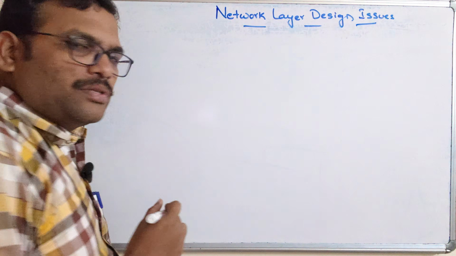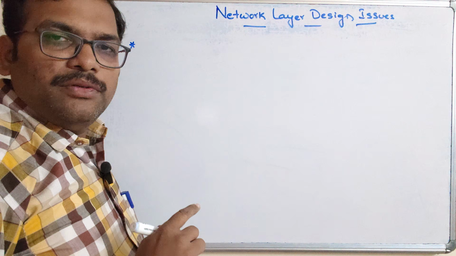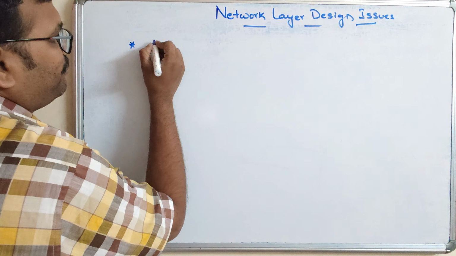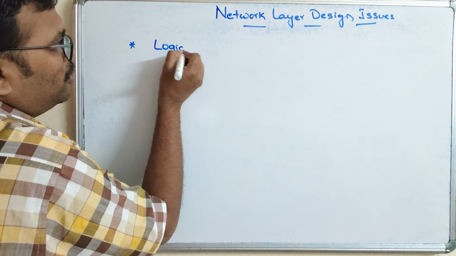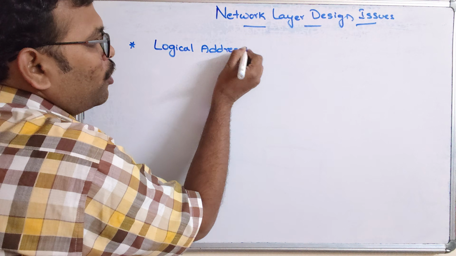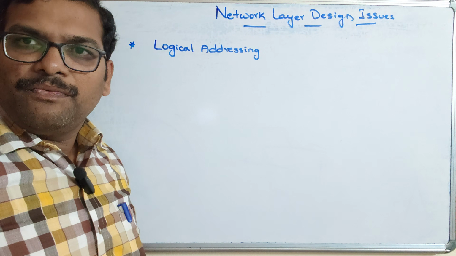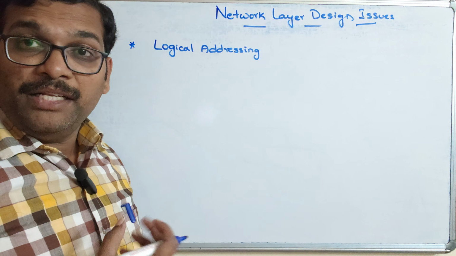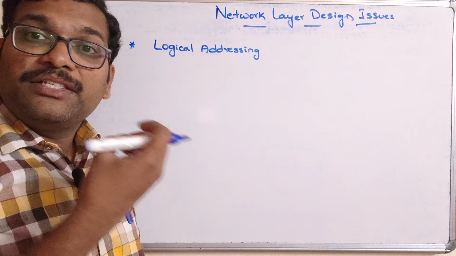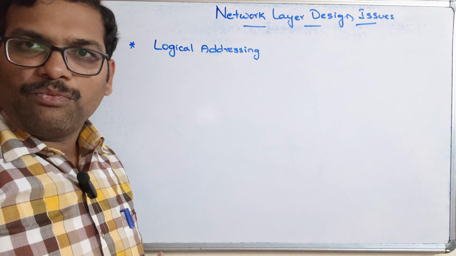Network layer design issues. The first design issue of a network layer is logical addressing. Logical addressing means assigning the IP address for the devices. It also helps to identify the source and destination while we transmit the data over the network.